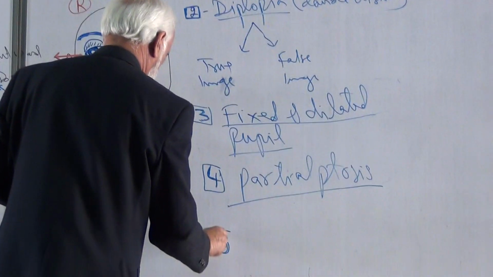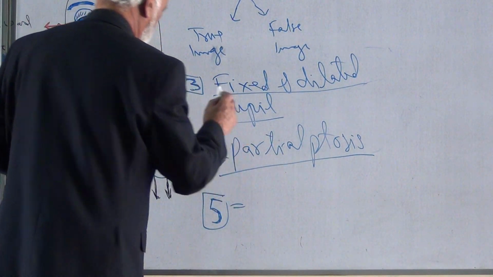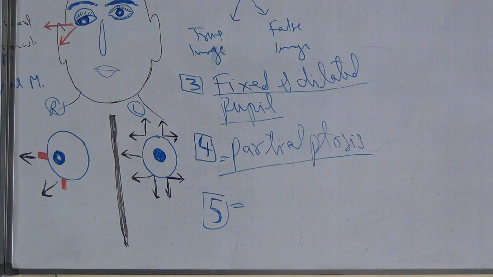Next, what is the other effect of the oculomotor nerve palsy?